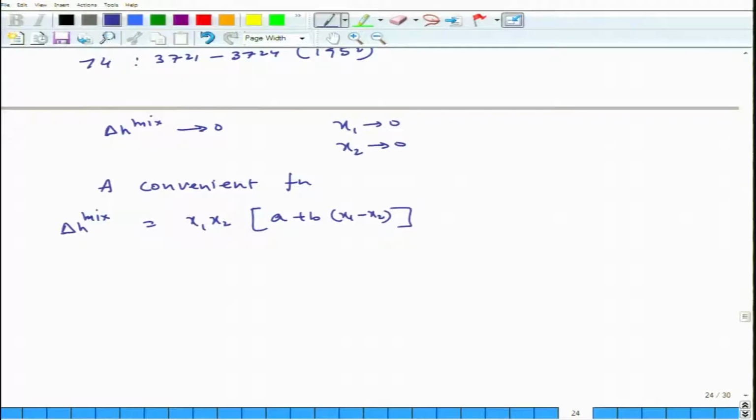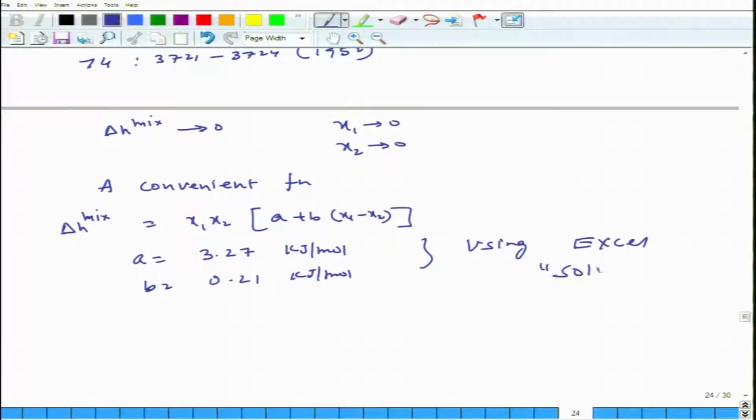It turns out this expression actually fits the data very well with A equal to 3.27 kilojoules per mole and B equal to 0.21 kilojoules per mole. This is using Excel solver. If you have not done that, you should try to make use of it.